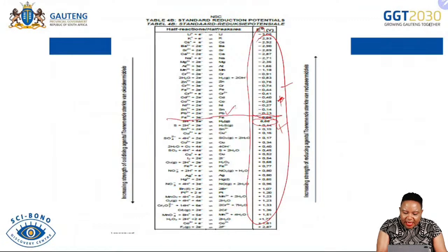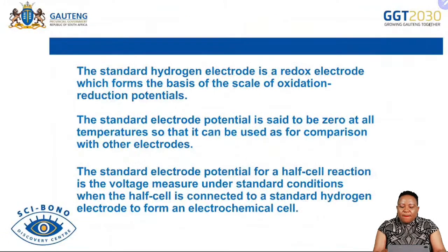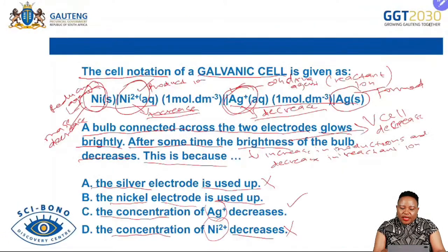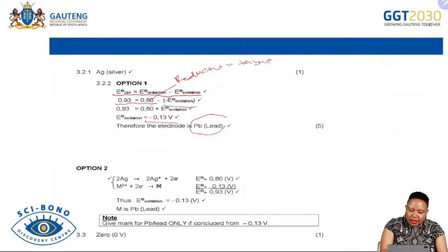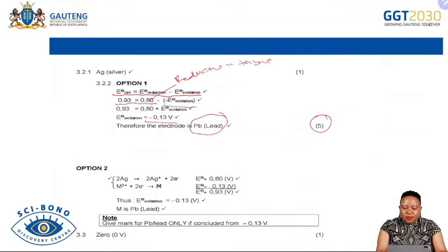And our metal is Pb. So that is why you will conclude that metal M, which was provided, is Pb, which is lead. And that is 5 marks. So it's 1 mark for the formula, 1 mark for substitution of 0.93, 1 mark for solving the value of M, and also a mark.